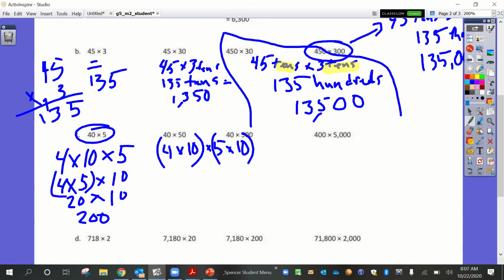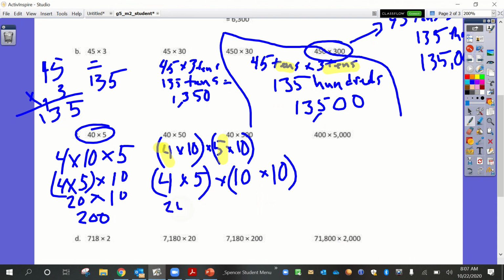Commutative property allows us to reorder, I should say, not regroup, our multiplication. So I'm going to take the easy parts, 4 times 5, multiply them together, and then multiply that by the other parts, which is 10 times 10, which is also easy for my brain. Well, 4 times 5 is 20, right? And we're going to multiply that by 10 times 10, which is 100. Well, 20 times 100 is 2,000.